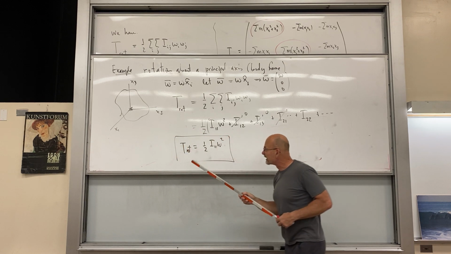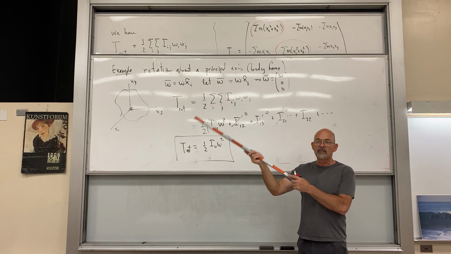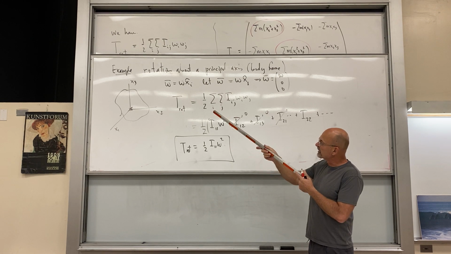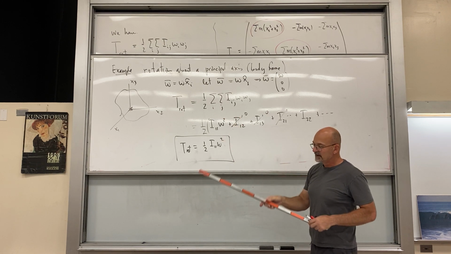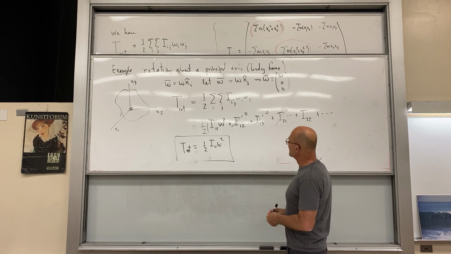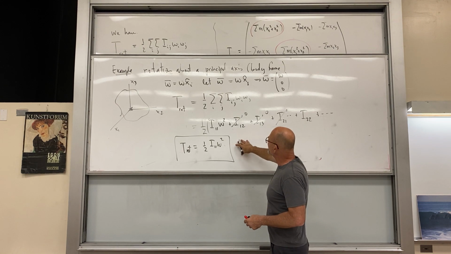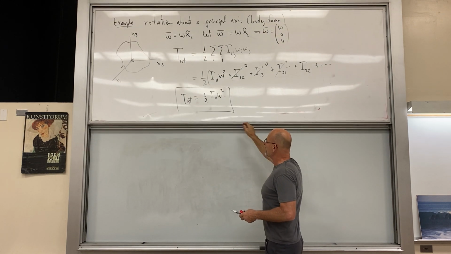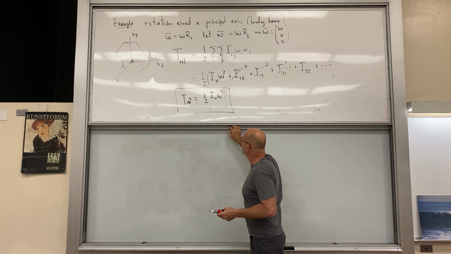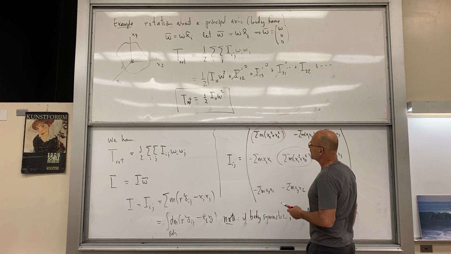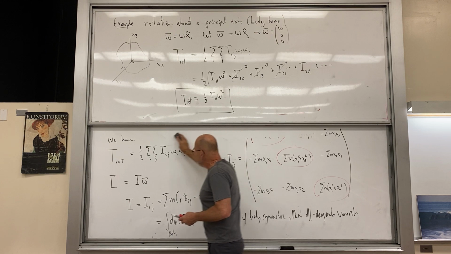I'm not saying that this thing isn't going to wobble or want to wobble all over the place. Okay. We'll see with the angular momentum next that it's not that simple. But yeah, just say something about this, because that's just the familiar expression. So now we're going to do the angular momentum.